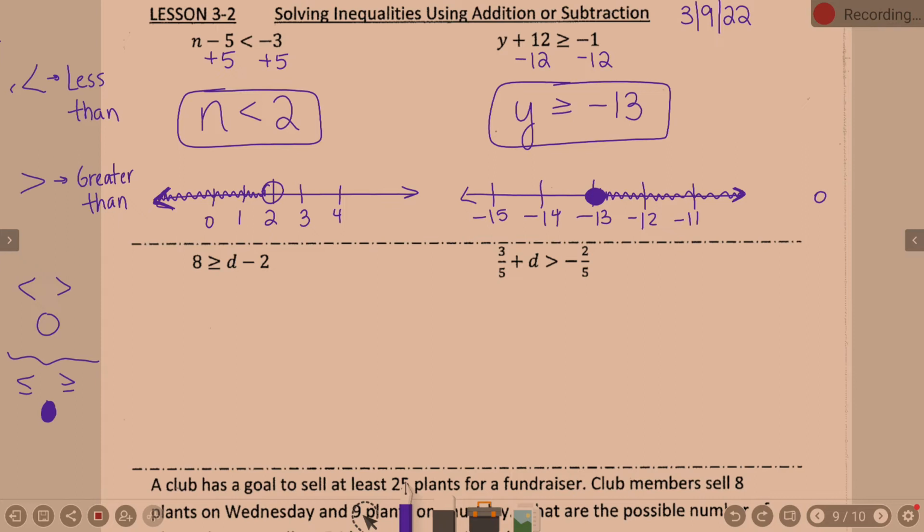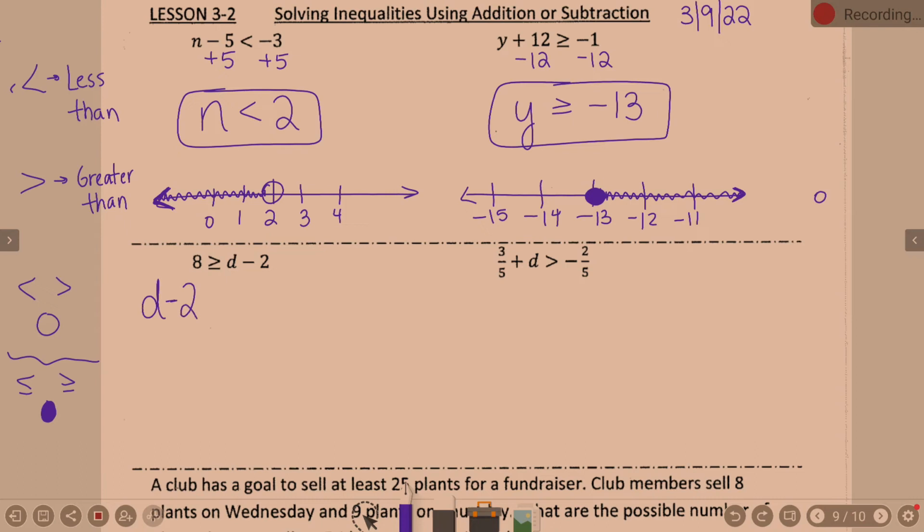But here's my recommendation: with equations, I was kind of indifferent. With less than, greater than signs, I always encourage you to have the letter on the left. Which means before we get started, take these two sides. I'm going to take my d minus 2 and put it on the left.